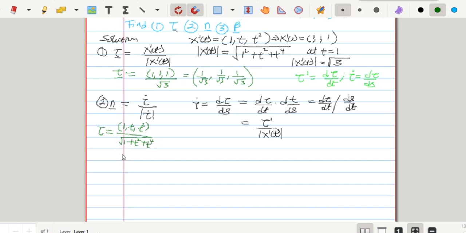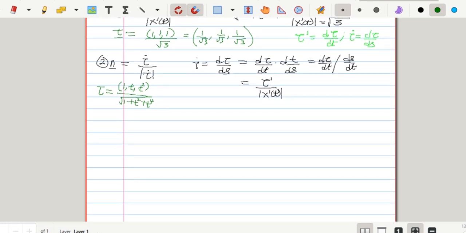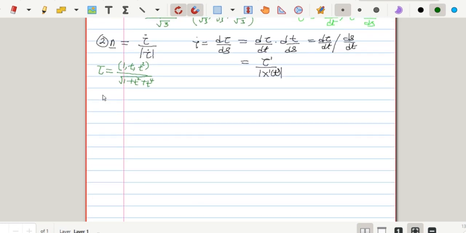So we are going to be differentiating this tau now, and tau prime is going to be equal to, keep the denominator constant, differentiate the numerator, minus, keep the numerator constant, differentiate the denominator, all divided by the denominator all squared, which is the quotient rule of differentiation.